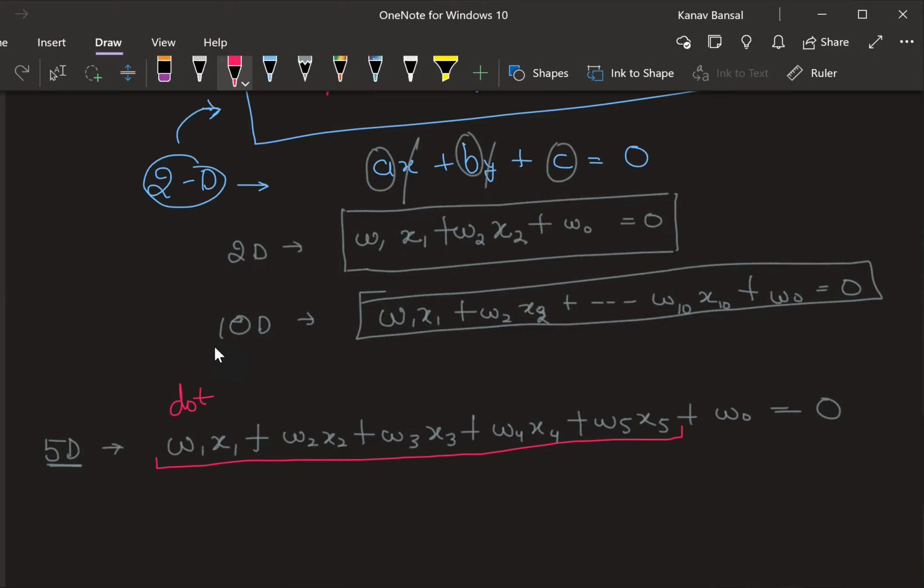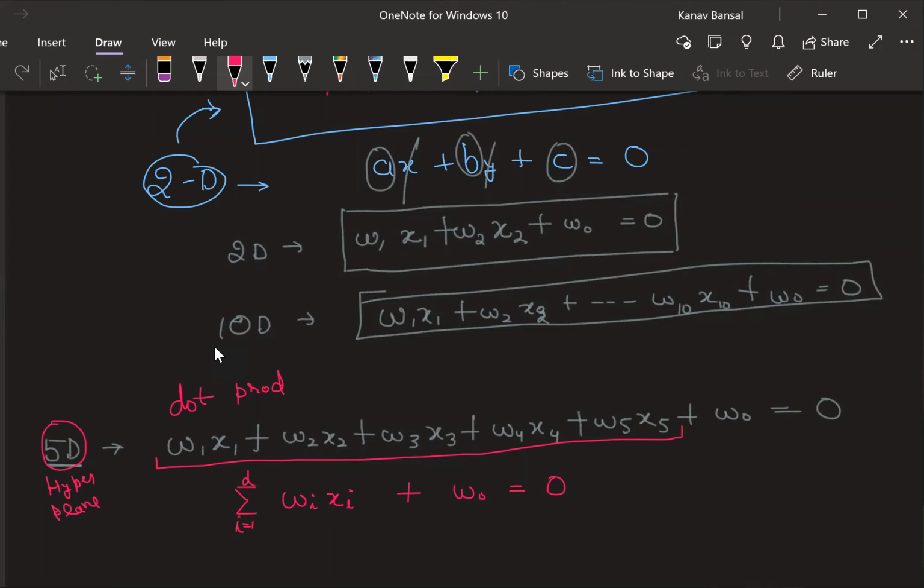So can I write the equation of a line or a plane or a hyperplane? 5-dimensional means hyperplane. Anything beyond 3 dimensions is called a hyperplane. Can I write the equation of a hyperplane as the summation of wi xi, plus w naught equal to 0, where i goes from 1 to the number of dimensions d?